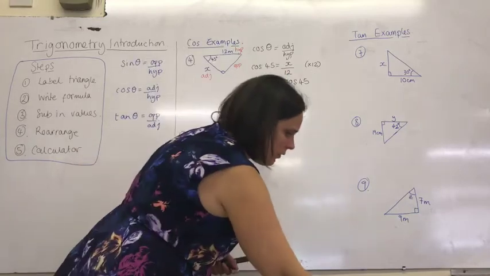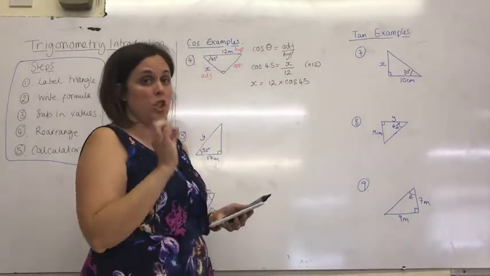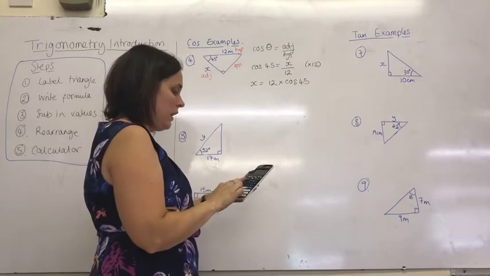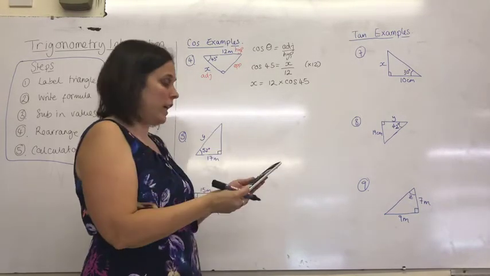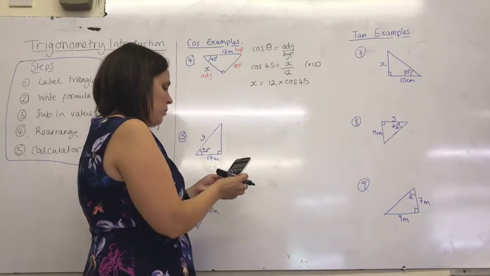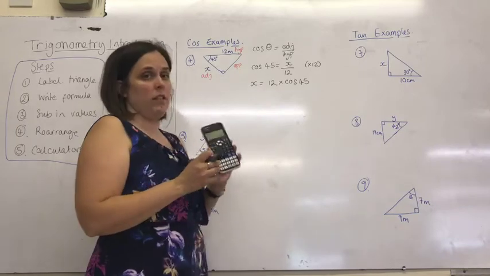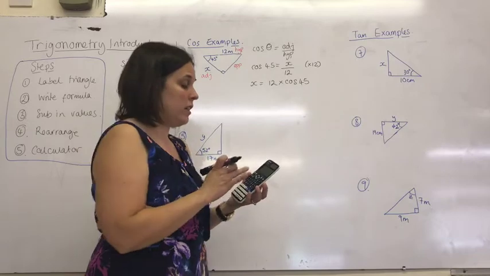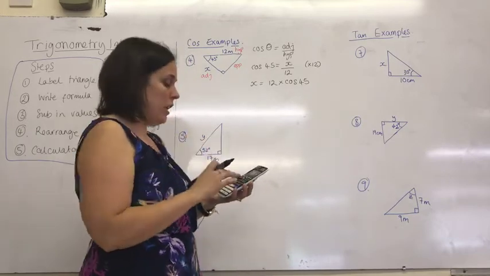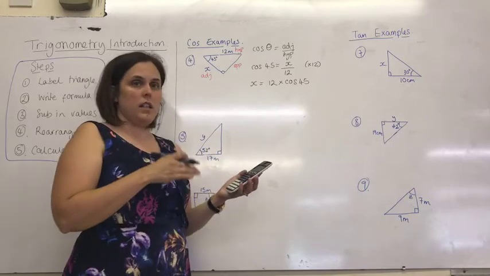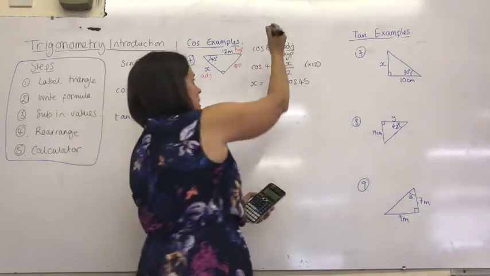Now, go to your calculator, remember to check you've got a D at the top, and then it's 12 times cos 45, remembering to put the bracket in on a calculator, and you will get, and it will depend on your calculator, mine's actually given me the answer 6√2.